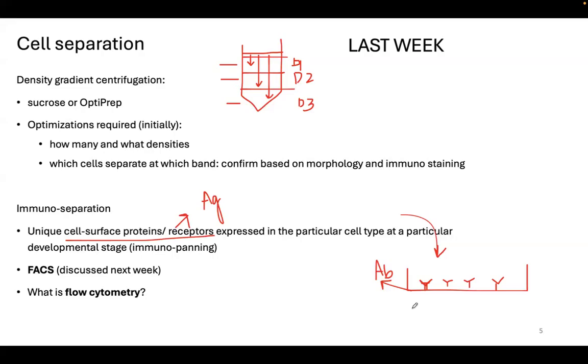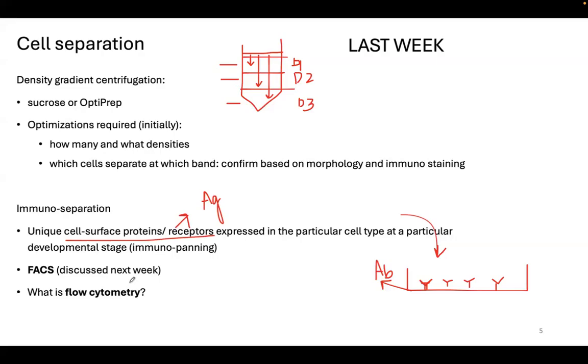So there's a smoother, more efficient way of doing this. We'll talk about two terms which are related, but not the same. One is flow cytometry and the other is fluorescence associated cell sorting. The principle is the same.